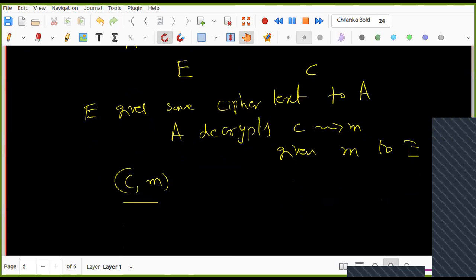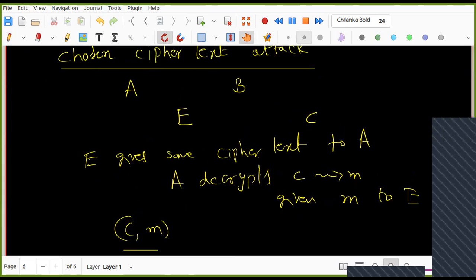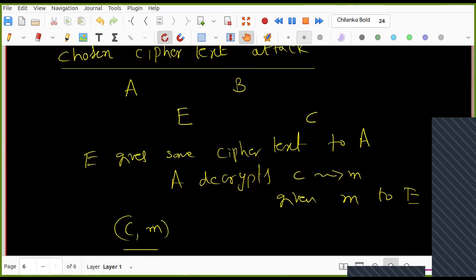Okay. So is it okay? This part is clear. Chosen ciphertext means my crypto system is so strong that even if the eavesdropper gives some ciphertext and A gives the corresponding plain text, so that E has the pair, even then, when B sends some message to A, the eavesdropper gets the ciphertext but even with this information cannot get the plain text.